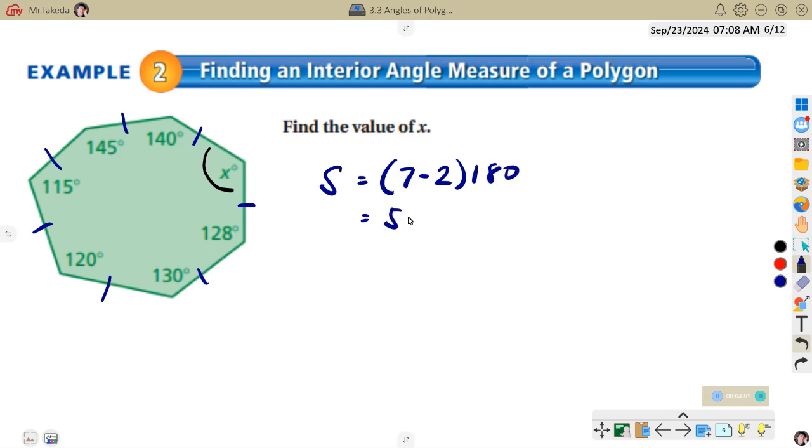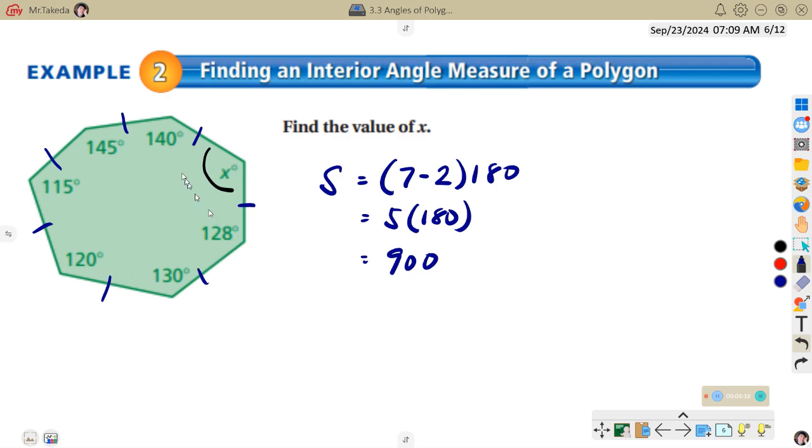So 5 times 180 is going to be equal to, in the calculator, 5 times 180, 900. Okay, now all of these will add up to 900.